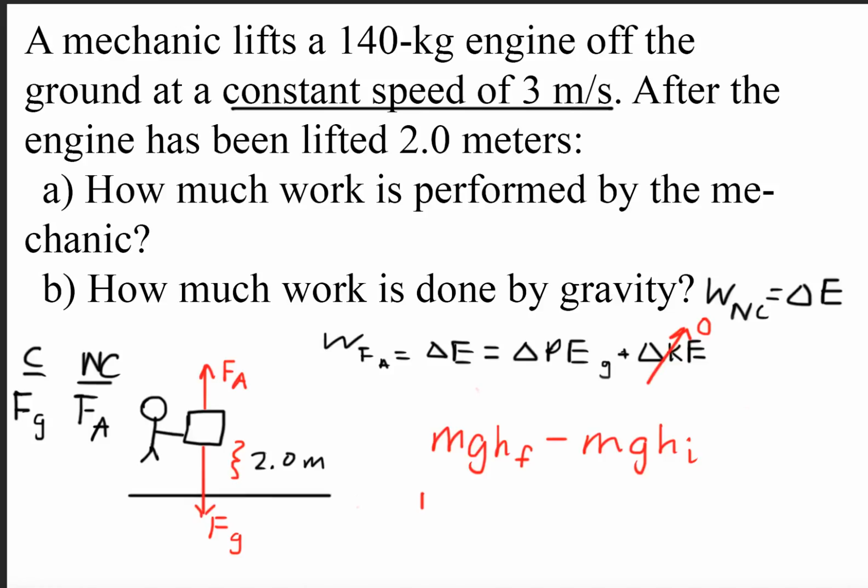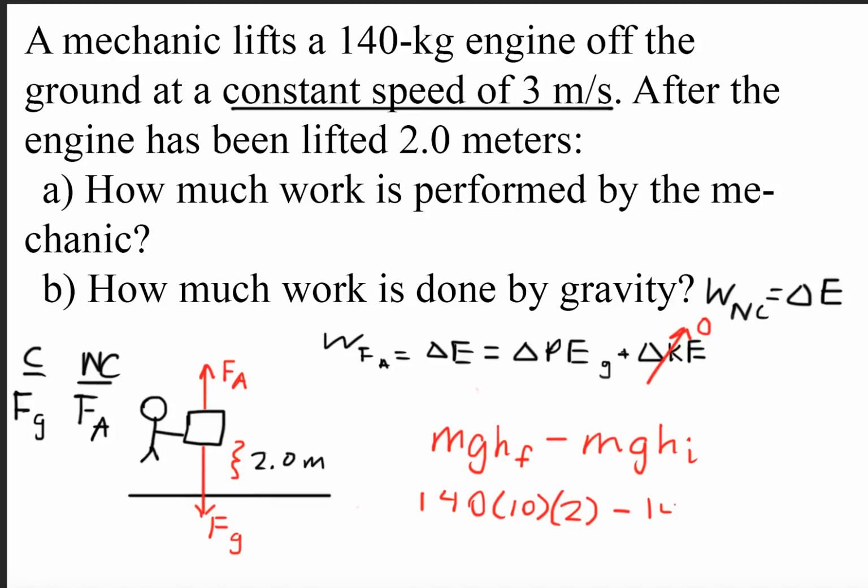So if we write this all out, so we had 140 times 10, because gravity is 10 meters per second squared, approximately. You could use the value 9.8, but we're just going to round it off to 10 here. And the height here, our final height, was 2 meters.